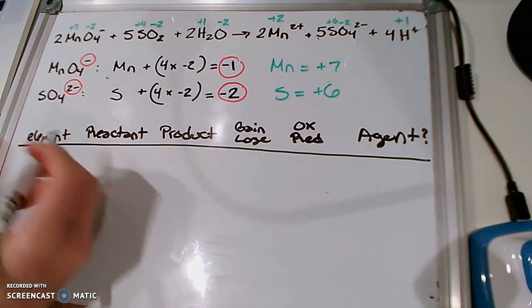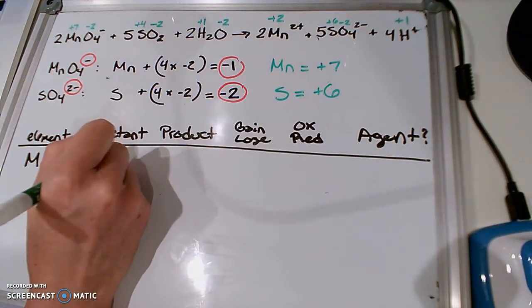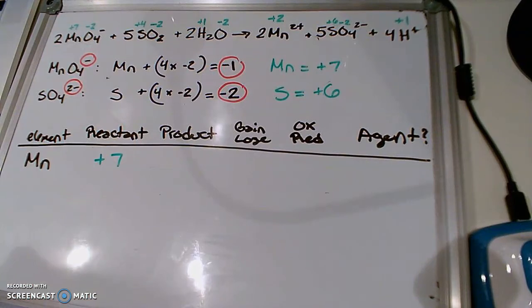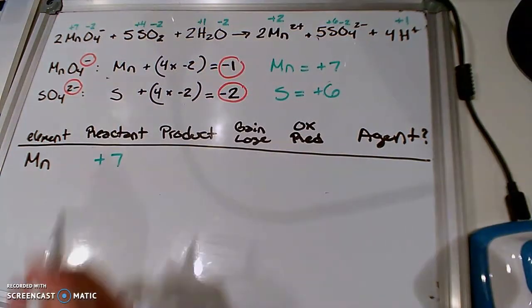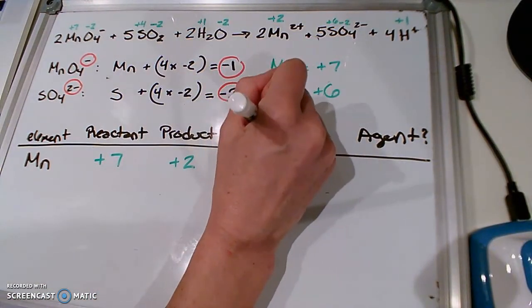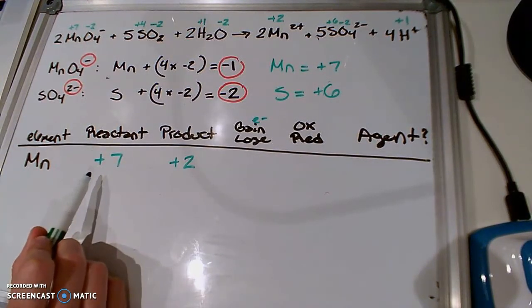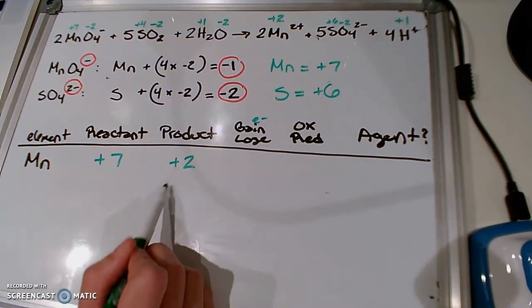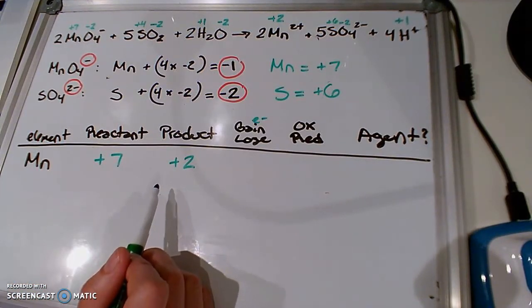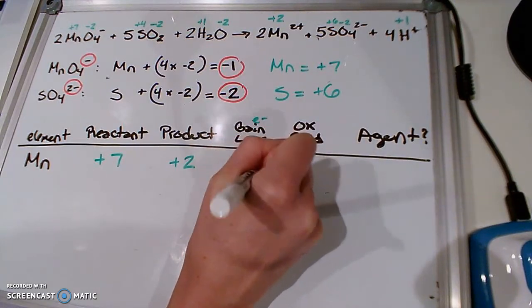All right, so let's look at manganese first. As a reactant, manganese had an oxidation number of +7. As a product, manganese has an oxidation number of +2. So did it gain or lose electrons? It went from a +7 to a +2, which means it must have gained 5 electrons.